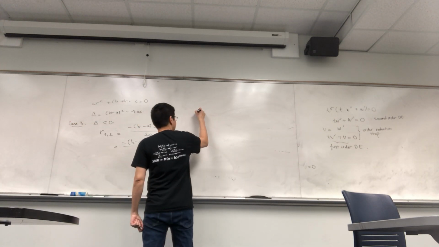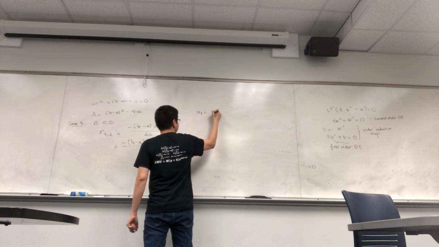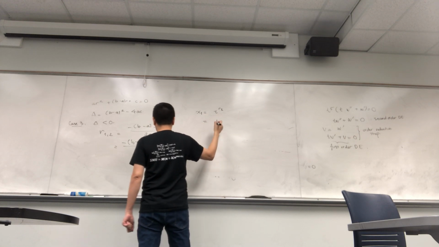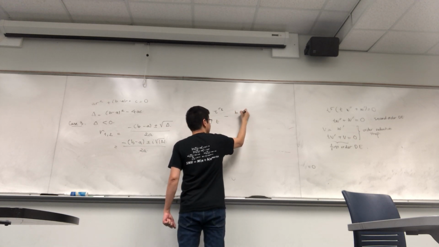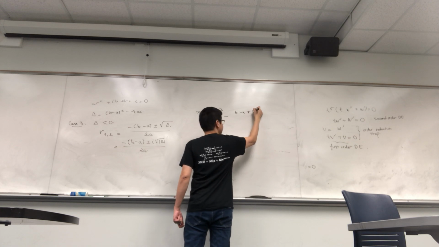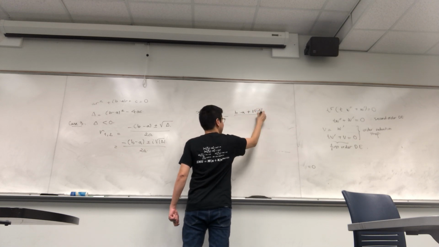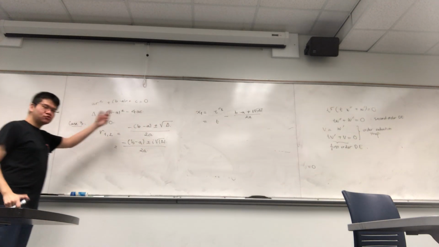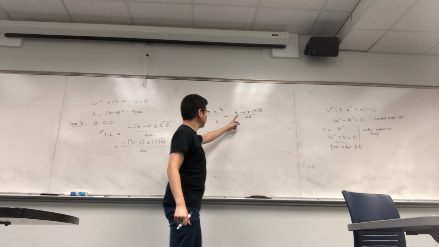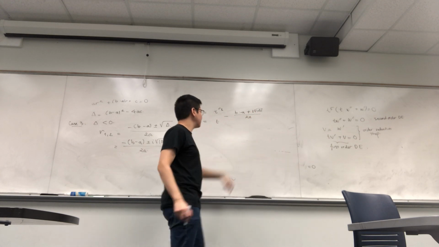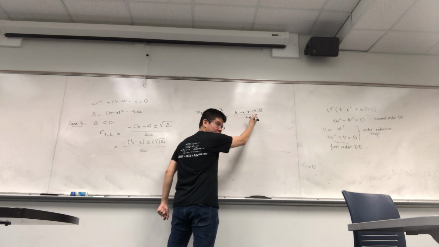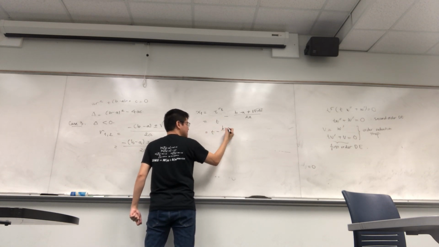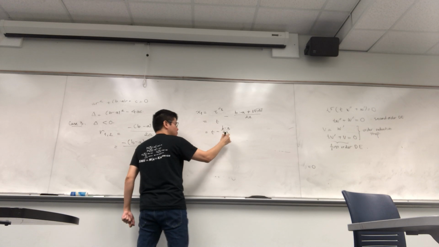In this case, the first solution should be t to the r1, which is t to the minus (b minus a) plus i square root of delta over 2a. So here I have the real part and the imaginary part. The real part is fine, so I have t to the power minus (b minus a) over 2a.